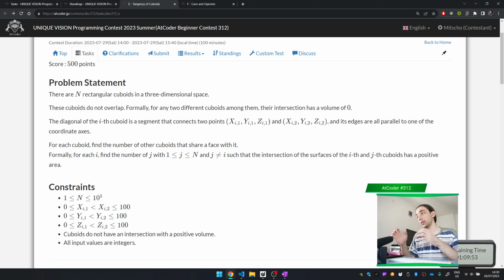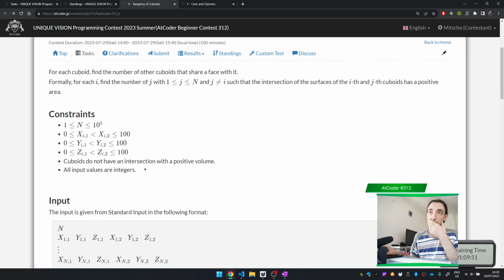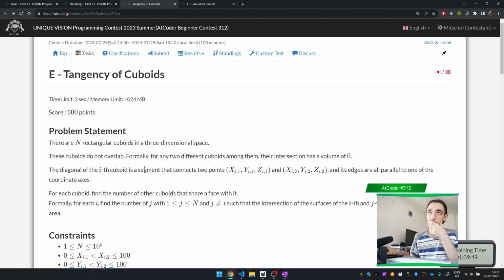There couldn't be like a square, so that makes sense. Is there a configuration that breaks that? No.